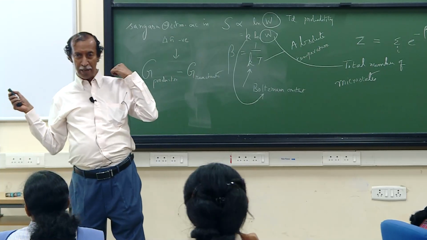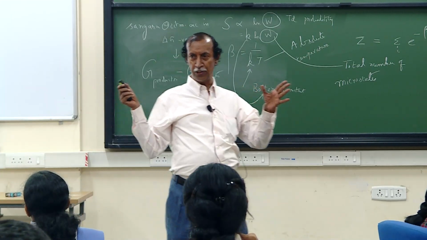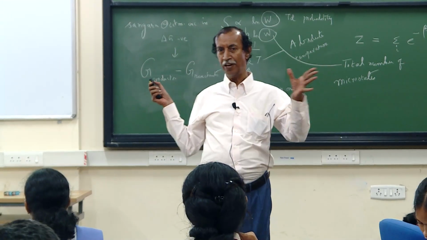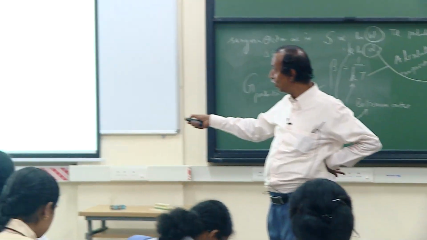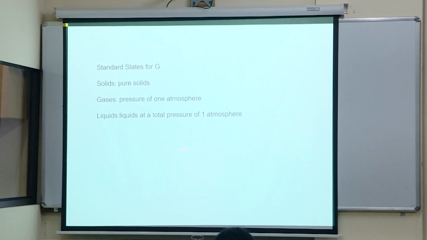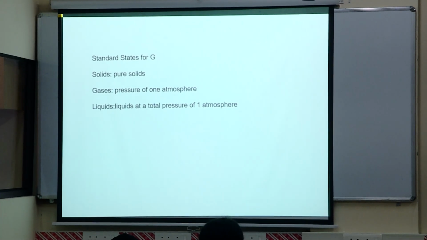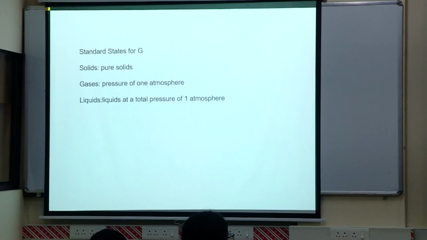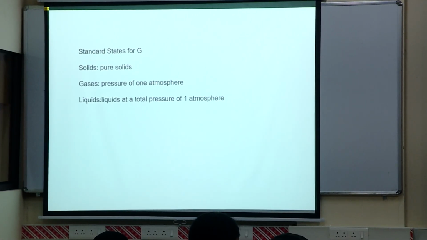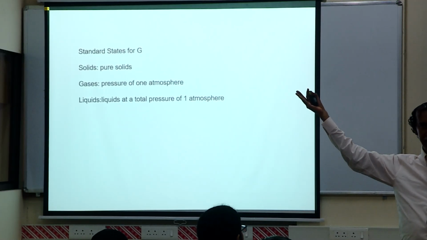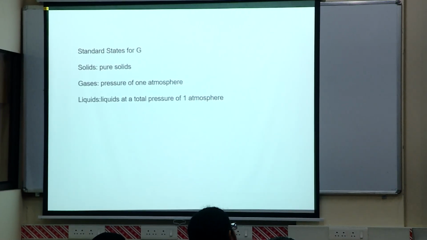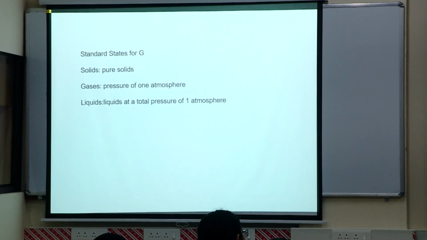So they are deliberately taken G for solid at 298 Kelvin is 0, G for this compound is 0, like that. So once you define standard states, you can get from delta G, G for any other compound. Because already you have got a convention, G of this substance is 0, like that, and this condition. So you can get from delta G, G itself experimentally.